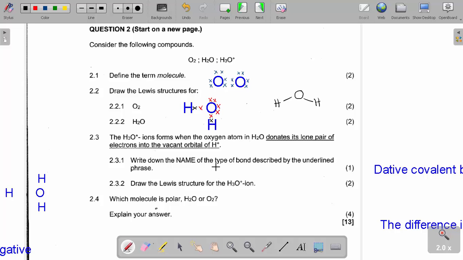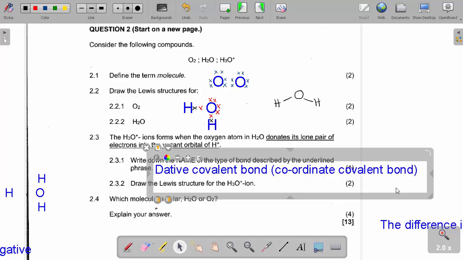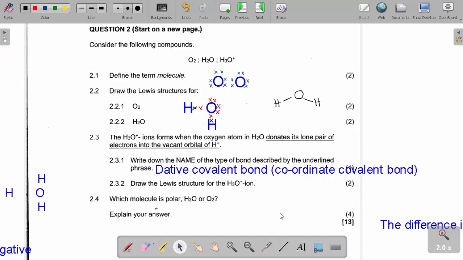A dative covalent bond. So this is its name. It's called what? Dative covalent bond. We also sometimes call it what? Coordinate covalent bond.